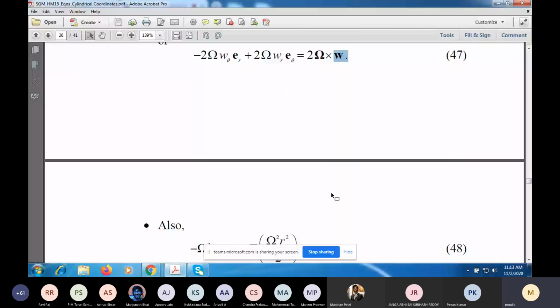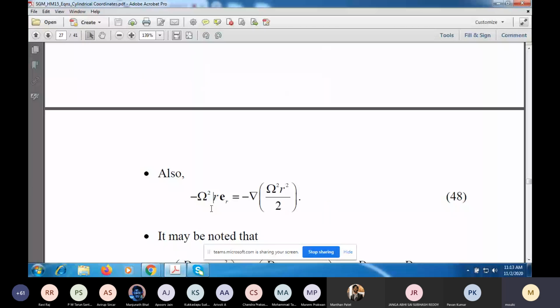The other thing to note is that if I look at grad of omega squared r squared by 2, it will be omega squared r er. Because if we take the partial derivative with respect to r, ∂/∂r of r squared by 2 is simply r. And since it's a function of r alone, the ∂/∂θ and ∂/∂z terms are 0.